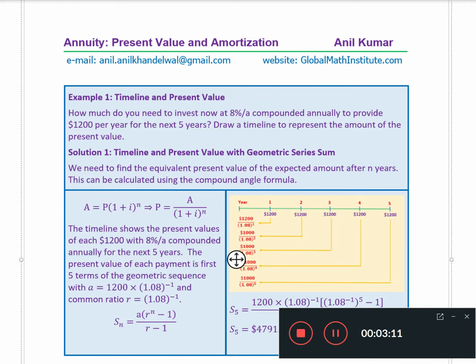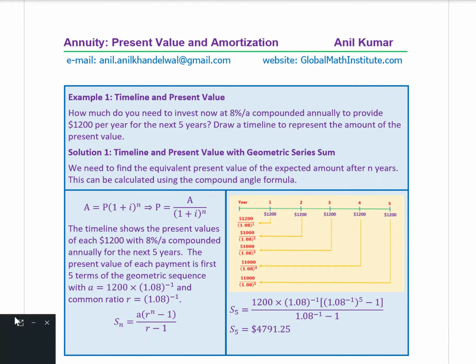So in example 1, we'll actually create a timeline and the present value will be discussed. The question here is, how much do you need to invest now? Whenever you say invest now, it means present value.